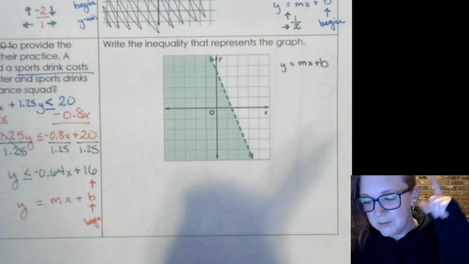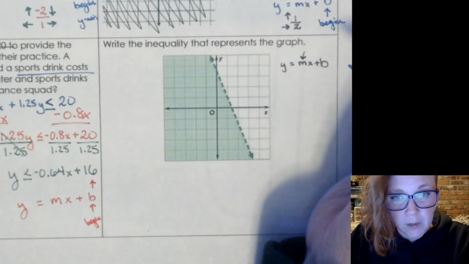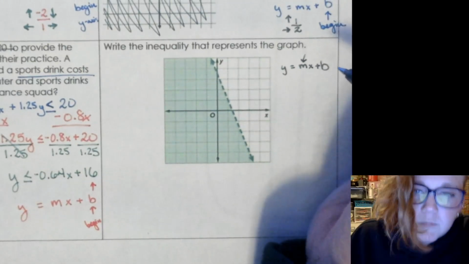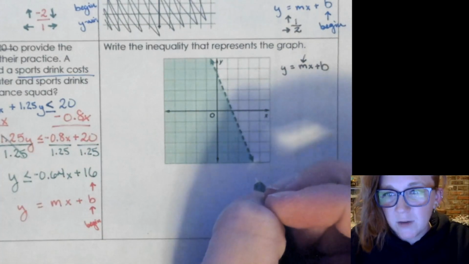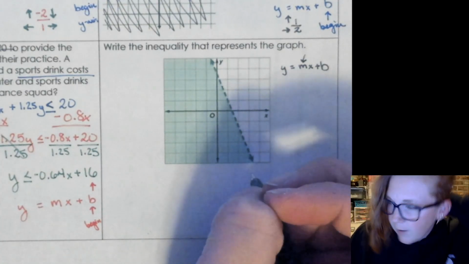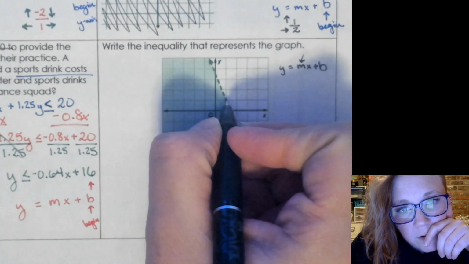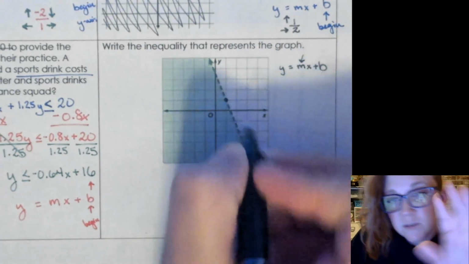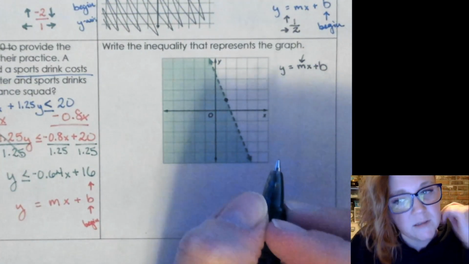Okay, so step one, we need to figure out our slope. Okay, that part shouldn't be that bad. So you're gonna need to find like 2 points that work on that graph. Okay, so we can use like 1, 1. This time you're gonna pick ones that are on the line because that's how we're gonna find our slope.